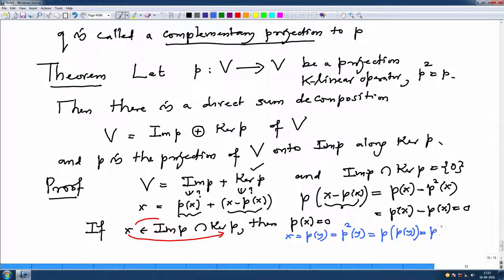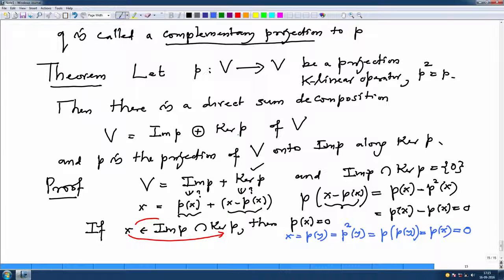So, this is Px, but x is in the kernel, we are assuming x is in the kernel. So, Px is 0 because x is in the kernel. So, that checks that if it was in kernel as well as image, then x has to be 0. So, that proves that this is a direct sum.